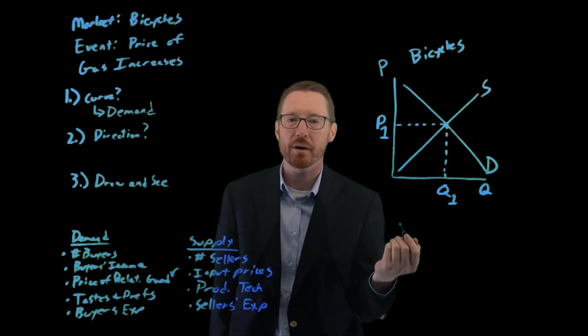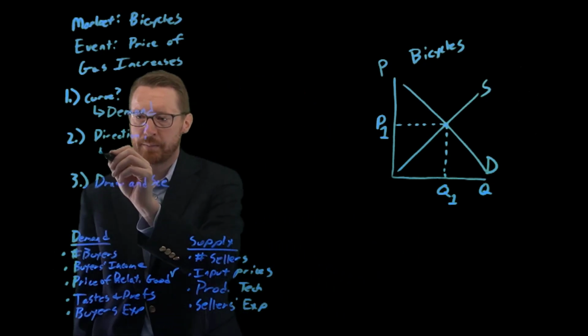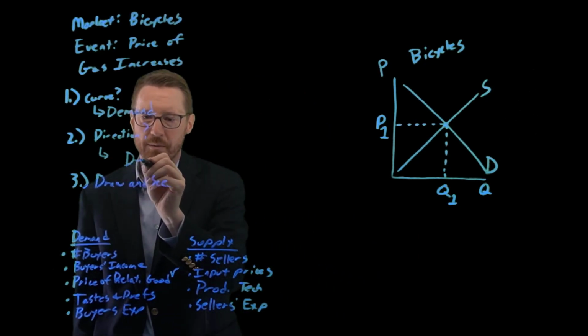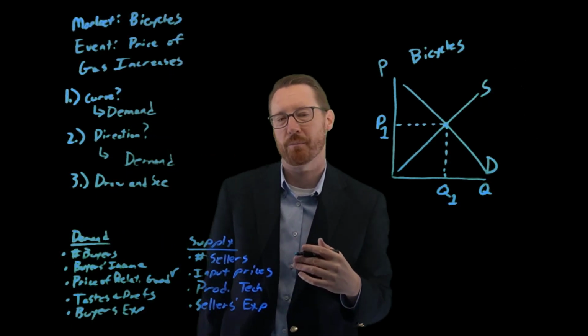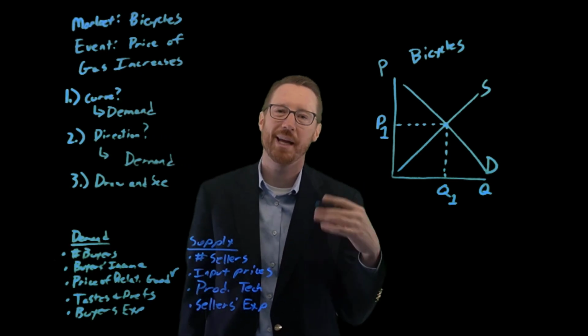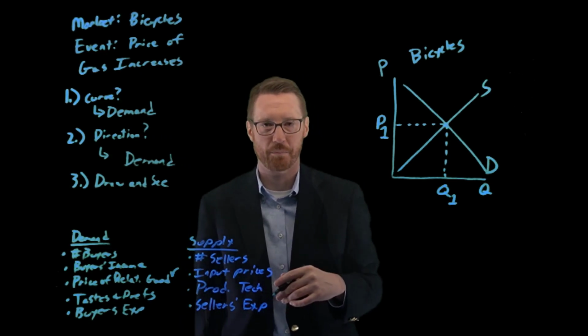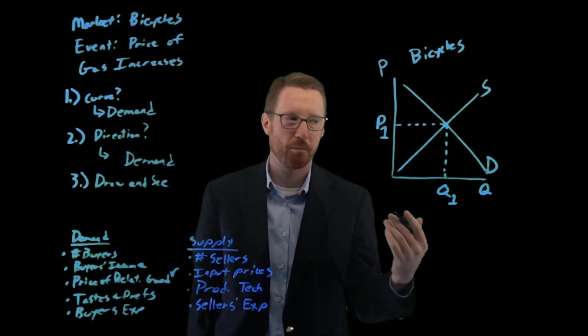That's the hardest part. All right, which direction? So we know it's the demand curve that's going to shift. What's going to happen to the market for bicycles if the price of gasoline goes up? It's going to increase demand for bicycles. Right? People are going to want to buy more bicycles.